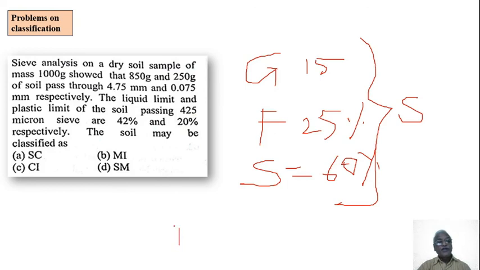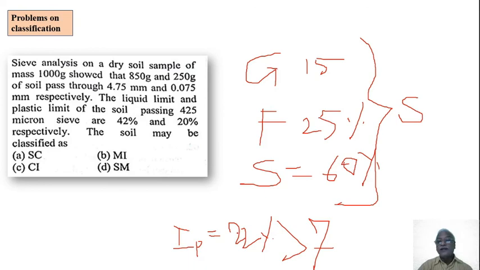So from this I can calculate the plasticity index IP, which is equal to 42 minus 20, that is 22%. When you get IP more than 7, obviously it will be clay, so it can be classified as sand with clay binder. So that would be the classification.